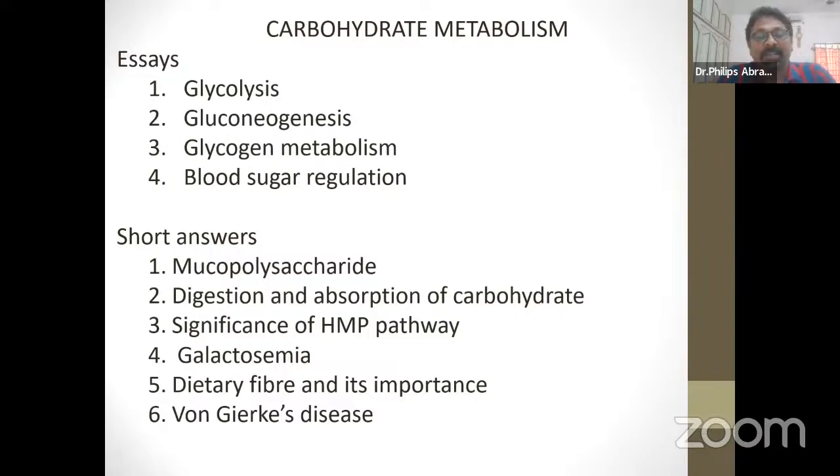Then another repeated question is about the significance of HMP pathway. As you know, in glucose metabolism most of the pathways involve the breakdown of glucose, thereby we get energy. But this pathway is not for energy. Then for what? That's what we expect from you.